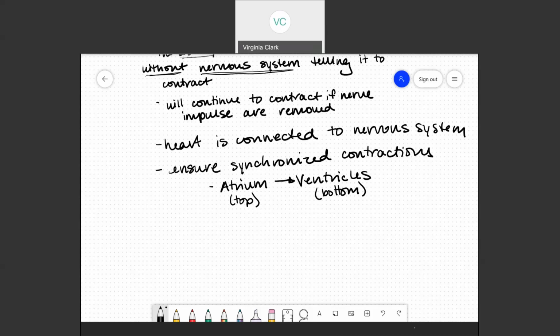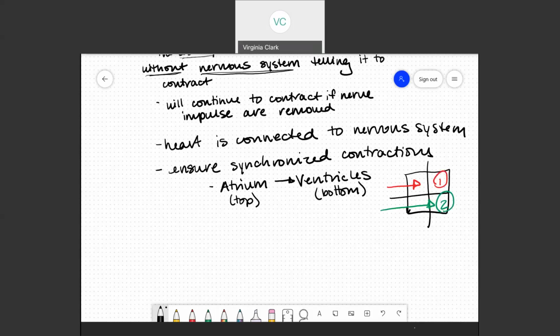So right and left are going to do it at the same time. We are going to contract the first section here and then the second section here. So we are going to have 1 and 2, top and bottom, atrium and then ventricles. And we're going to do it so that they contract as a unit.